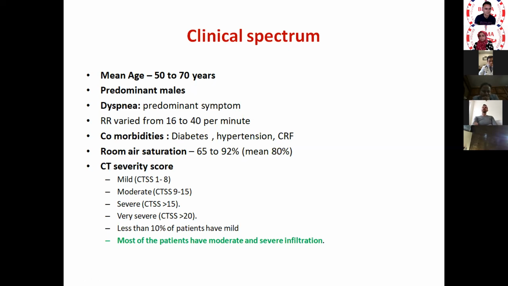They present with dyspnea, and what we have seen is diabetes, hypertension, and chronic renal failure as common comorbidities in the patients admitted to our intensive care units, along with patients who have malignancies and have undergone various transplants, particularly renal transplant. Most of these patients present with a very low saturation on room air, ranging from around 60 to 90%, and they have a very severe CT score.